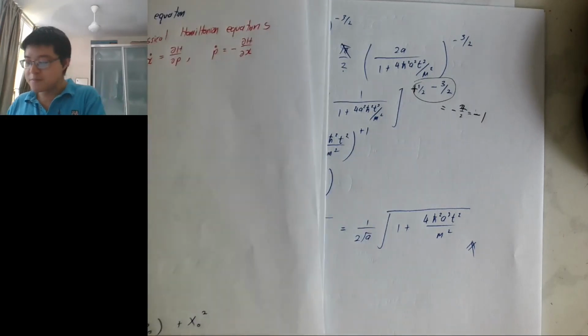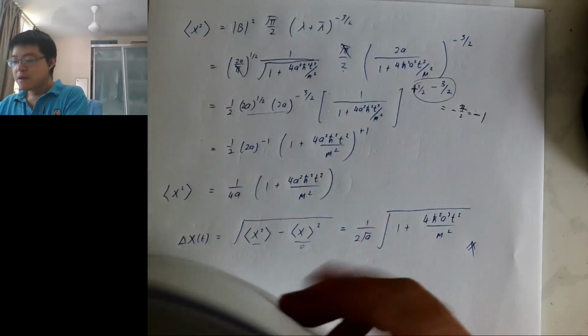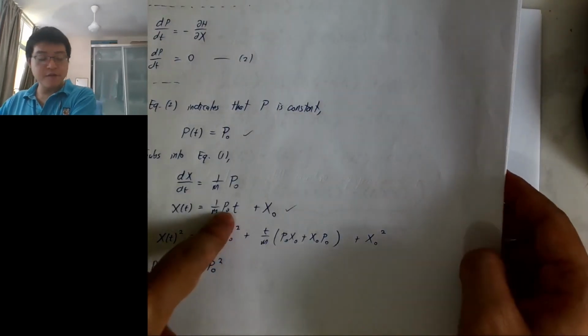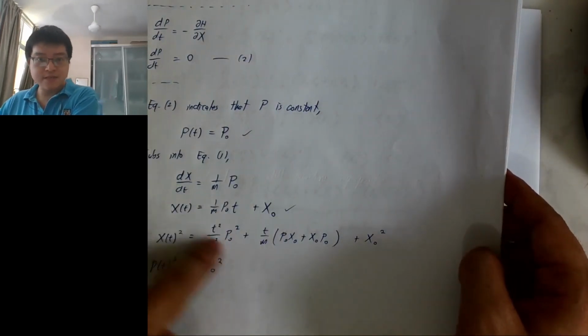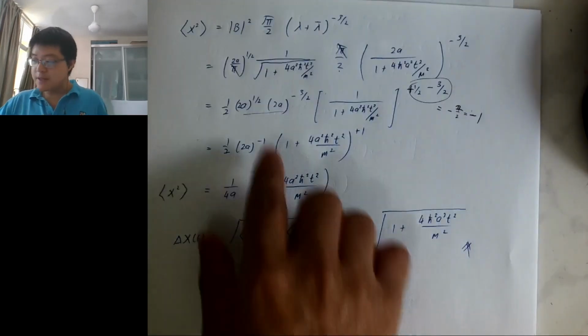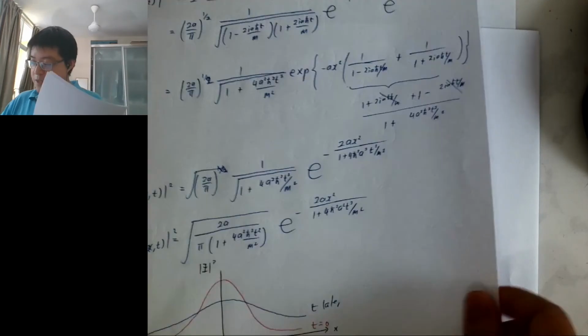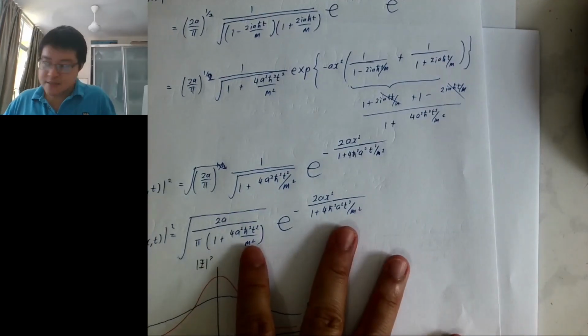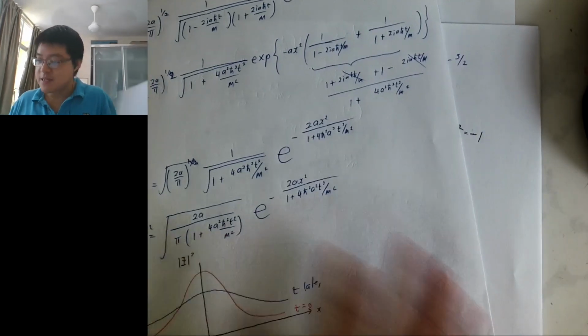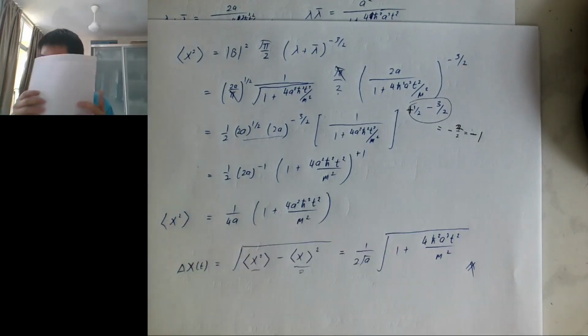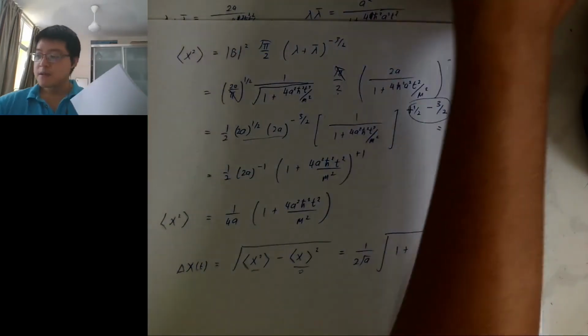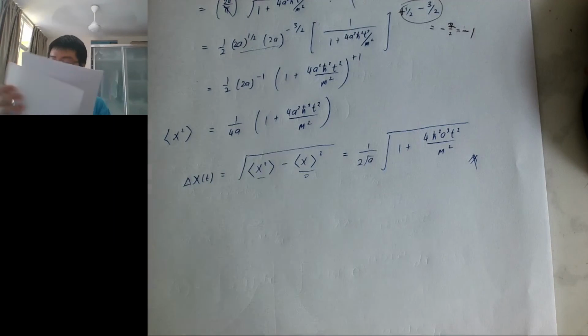I don't know, it depends on your perspective. But for the time dependence part, if you do the Heisenberg picture, it's so easy, just this thing. But when we want to derive the time dependence of this function, we need to get this ugly mess over here, in order to see how the uncertainty changes in time.